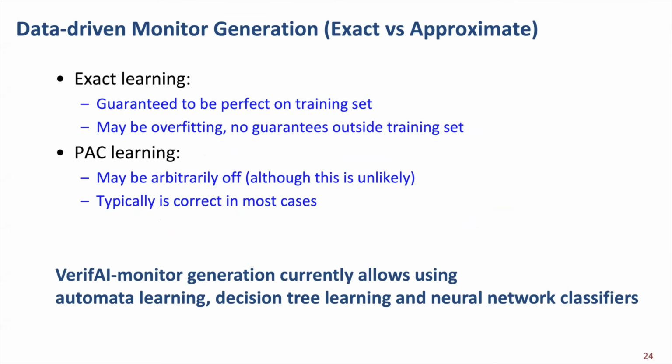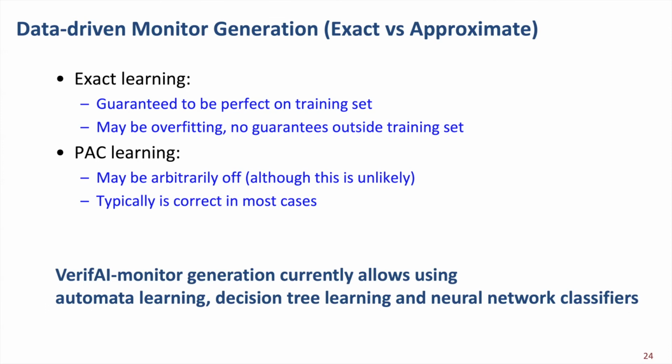Of course, if you have a huge training set, which might have been agreed on by a couple of governing bodies, then this is very helpful. But outside of that, the guarantees are very weak. PAC learning yields a stronger guarantee, but it may be arbitrarily off anyway. But empirically, it's correct in most cases.